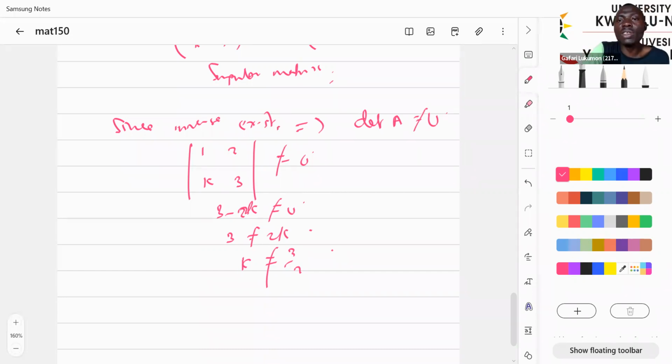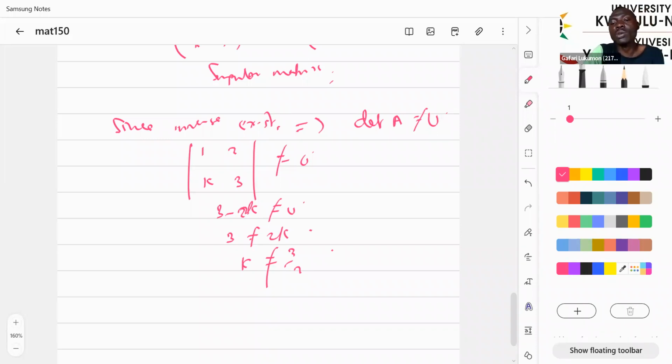So binomial theorem, I made mention of that in the first class. I told you the binomial theorem is used to expand a power, maybe when you have a cumbersome power.